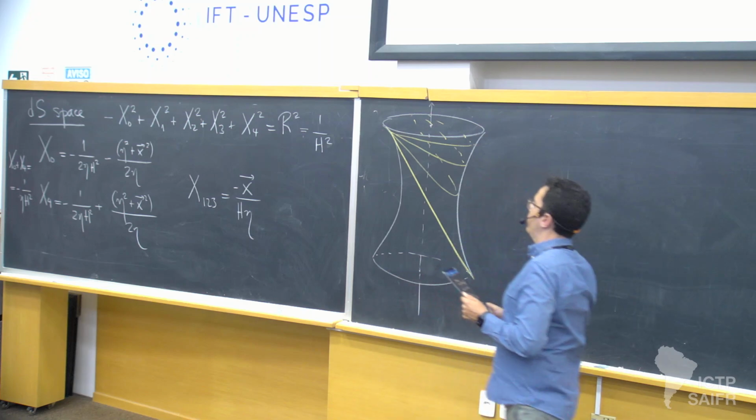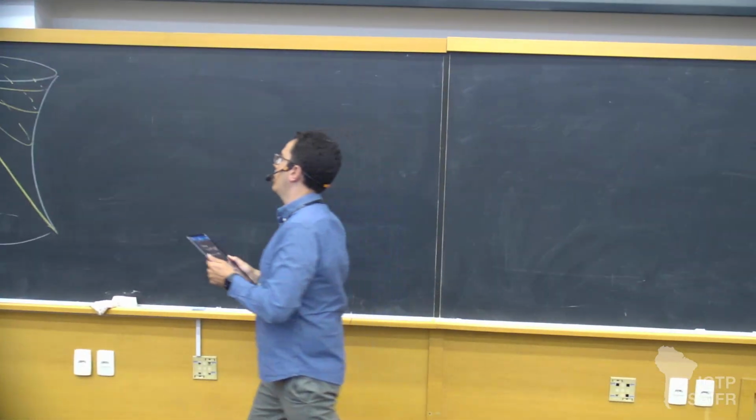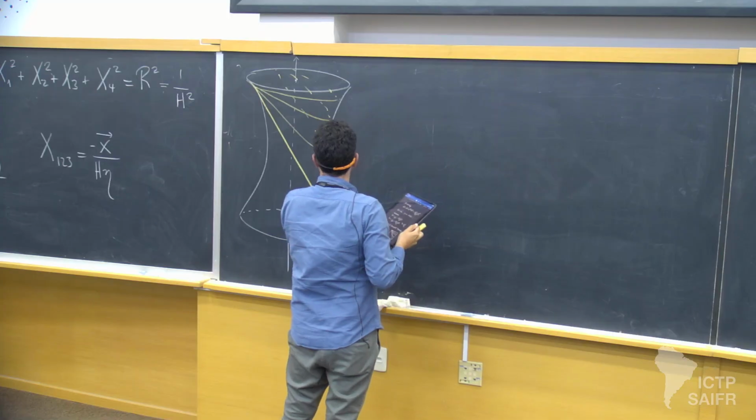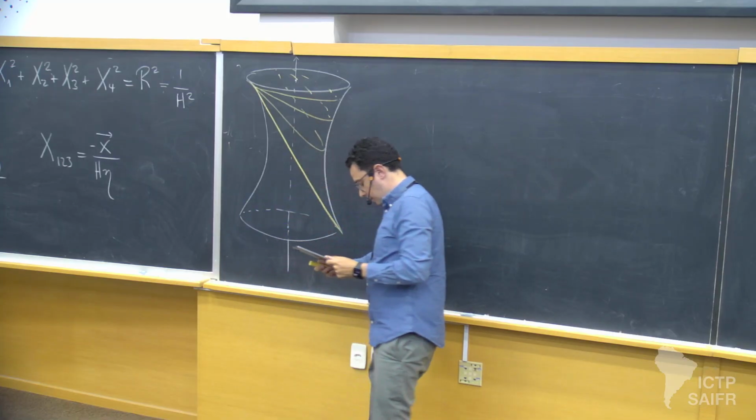Which, for us, is going to be good enough. So we're going to specify the initial state of the system here on this time slice and then time evolve it from this point on.